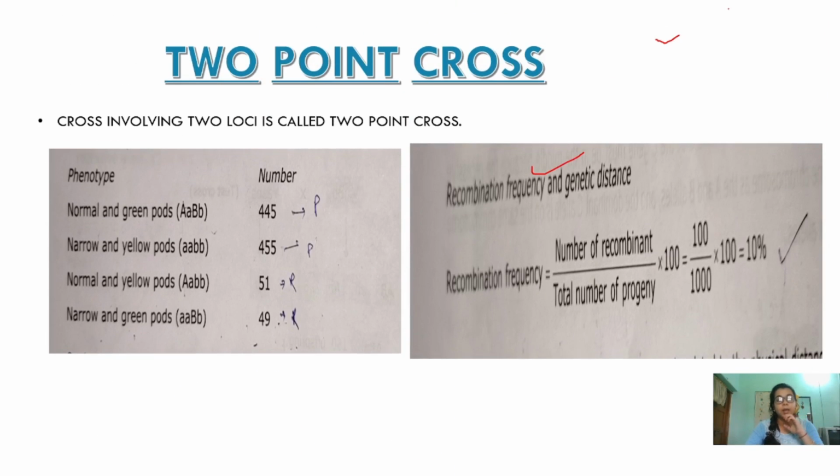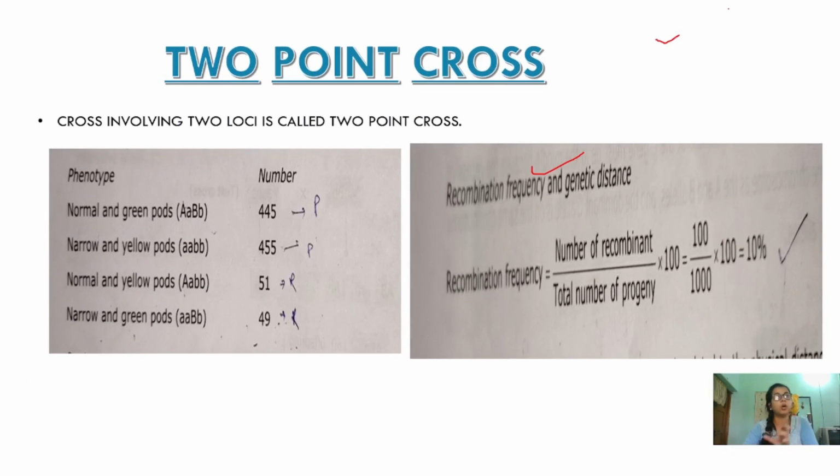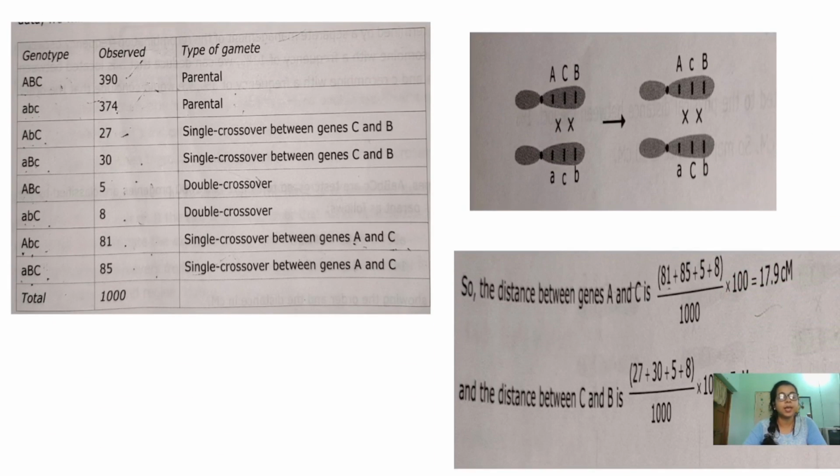That's why when you find the gene order, comparing the parental type and the double crossover, the change always occurs in the middle. If the change is not present in the middle, then you need to just change the place and you can find the gene order. Now you must be clear why the change was always present in the middle. This is about the 3-point cross.